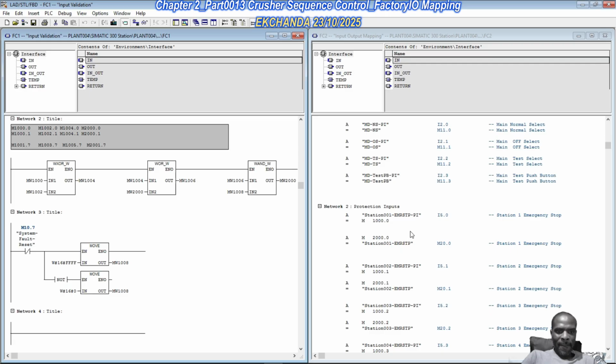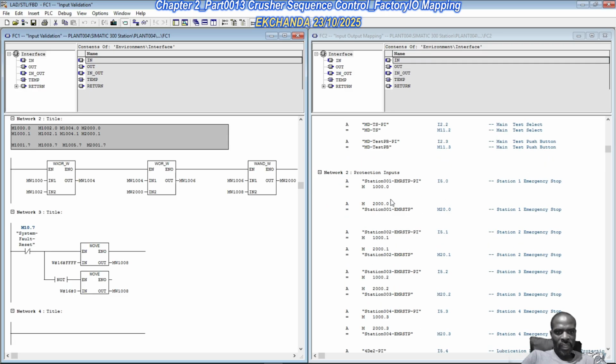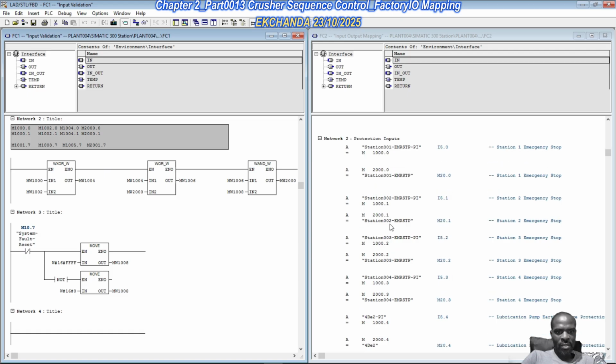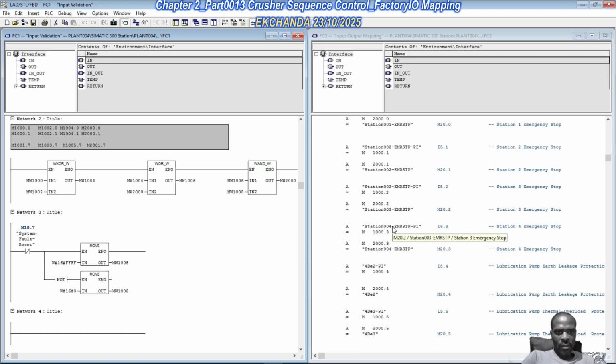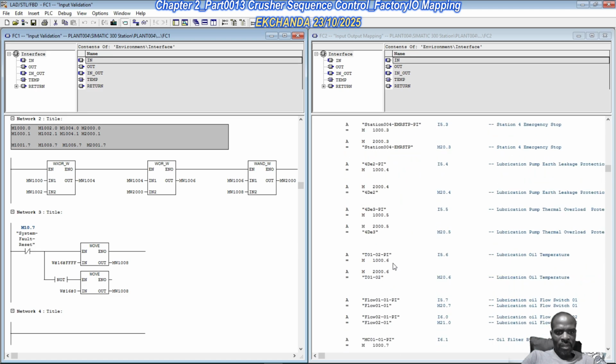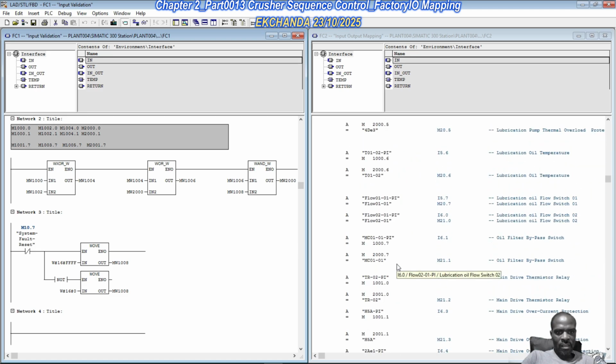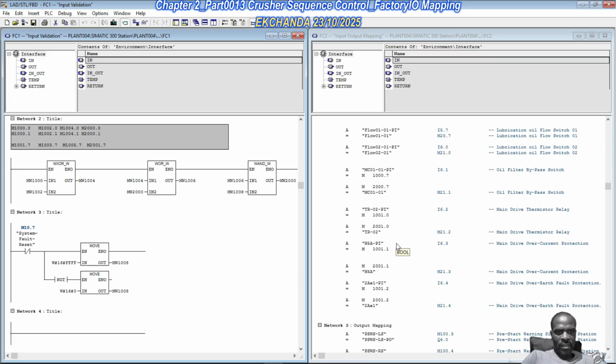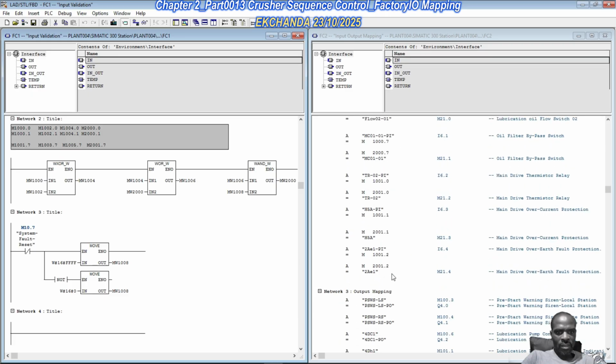Based on the same understanding, you notice that we went as far as memory bit 1000.1, memory bit 1000.4, memory bit 1000.6, and input 1001.2.